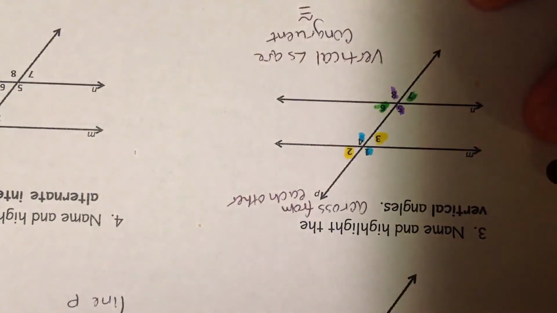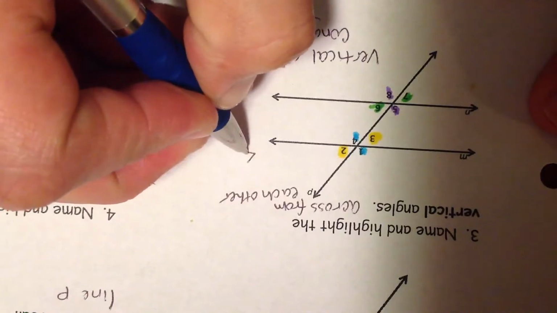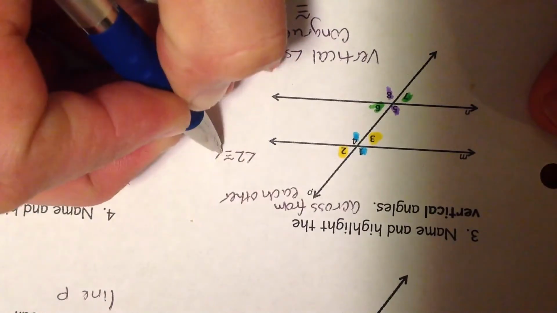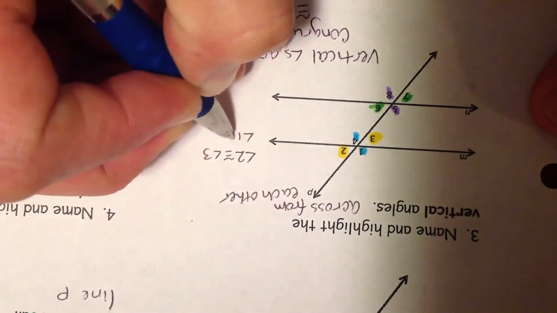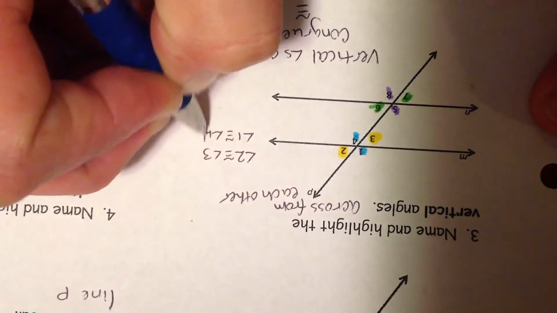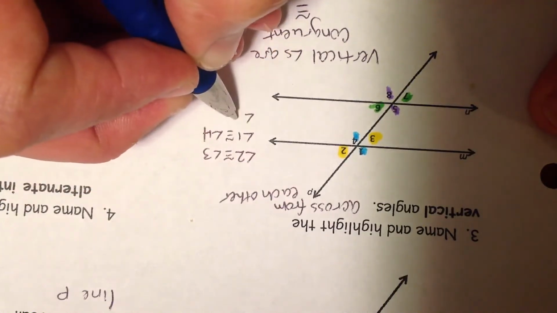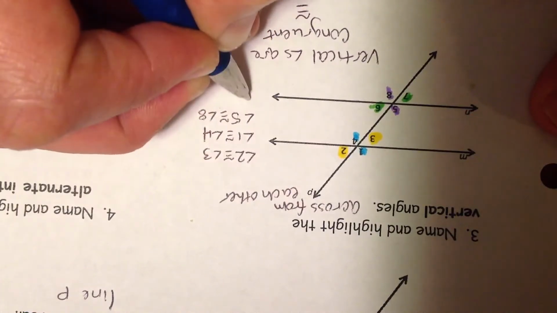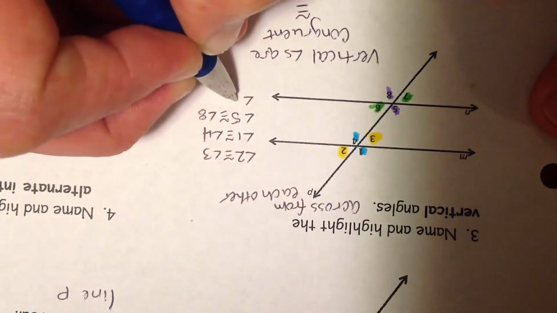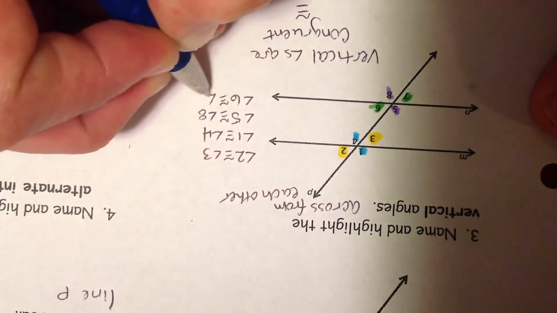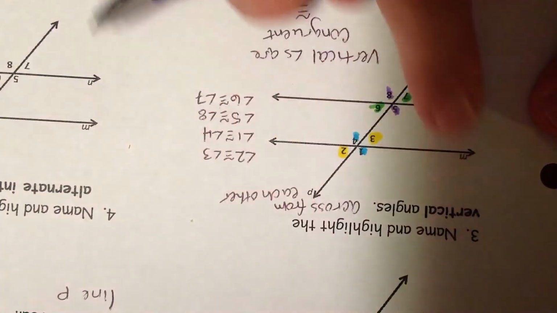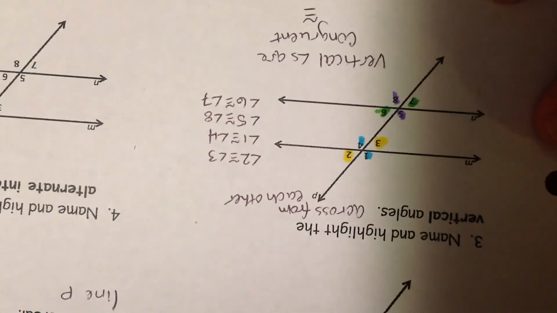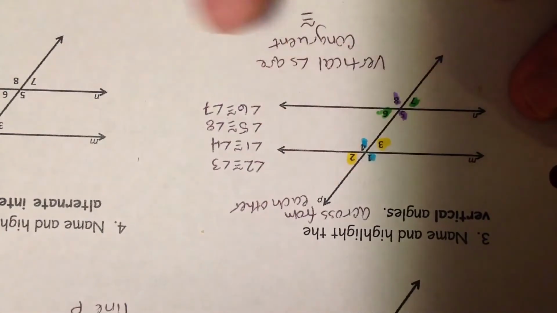So again, the vertical angles here are angle 2 is congruent to angle 3, angle 1 is congruent to angle 4, angle 5 is congruent to angle 8, and angle 6 is congruent to angle 7. And again, these vertical angles will always be congruent regardless of whether the lines are parallel or not. So those are vertical angles.